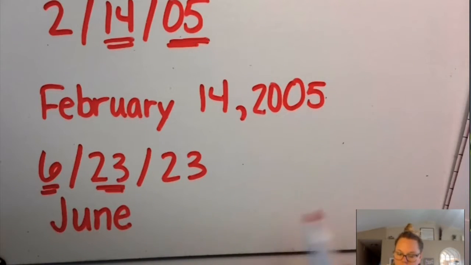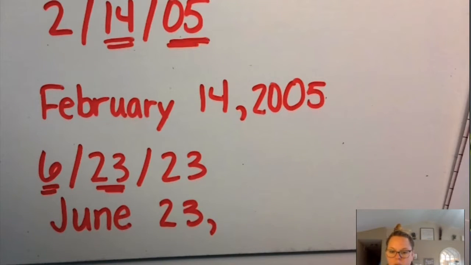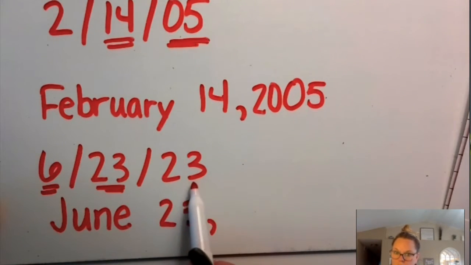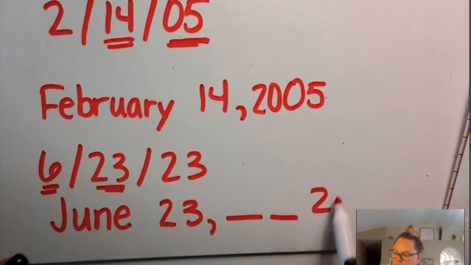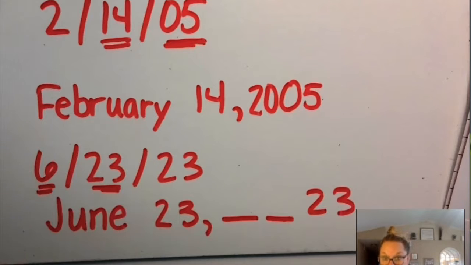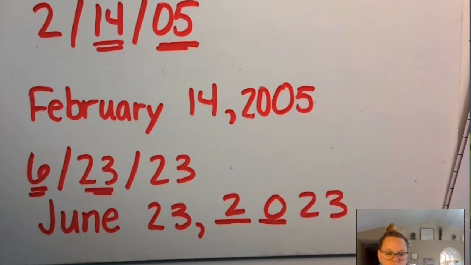What's the date? 23rd, comma. And the year? Can't just say 23. Remember, those are the last 2 digits. So it's 2023.